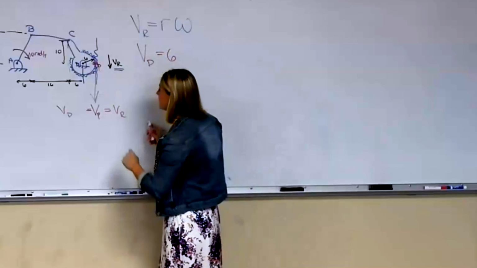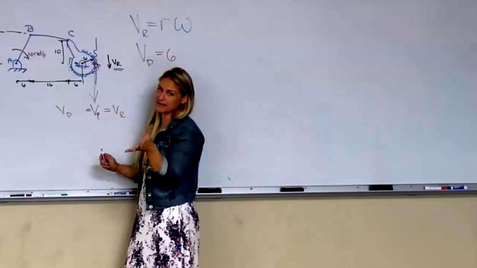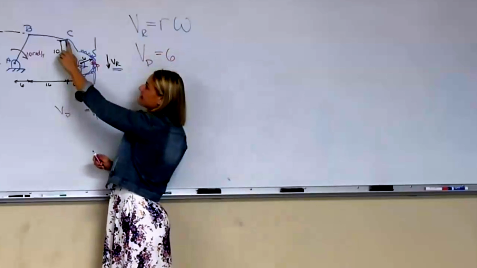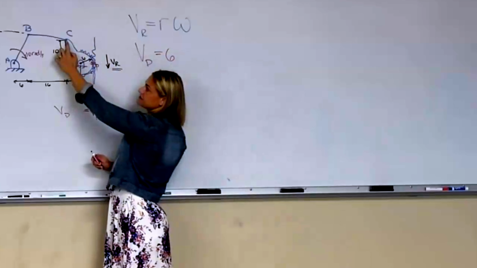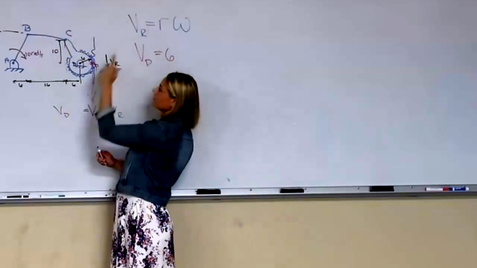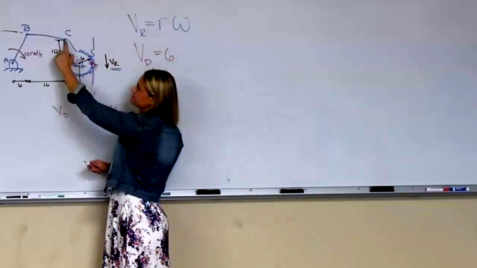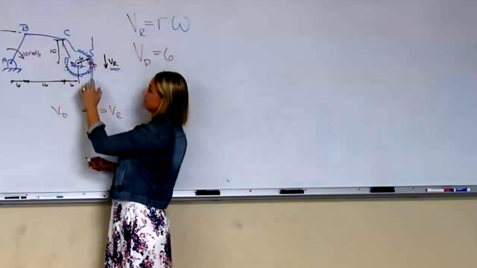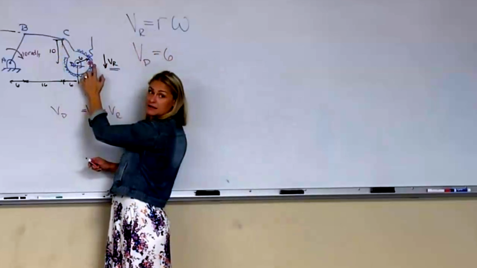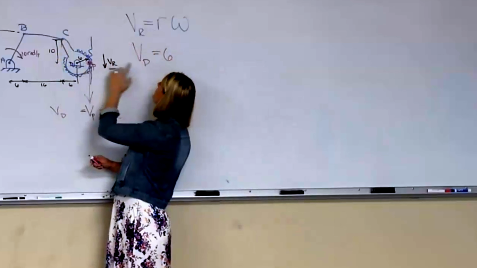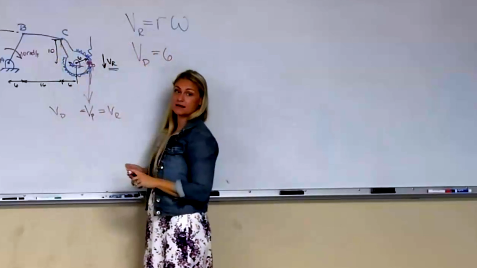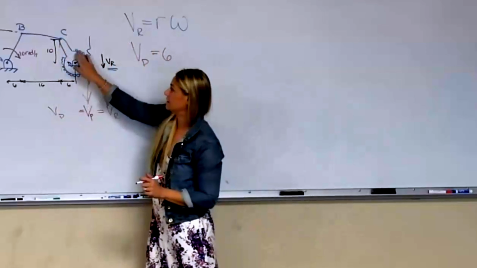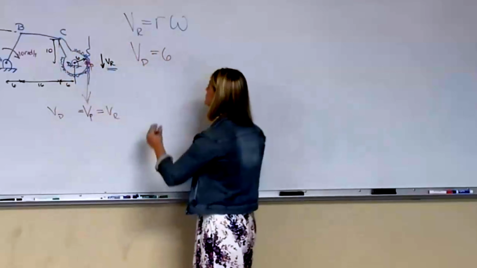Careful, I know I'm jumping ahead, but if I was analyzing the velocity of C, my R would be the distance between C and D. But since I am interested in the point P, my R will be 6. And my omega is whatever omega of the gear is, which is omega D.